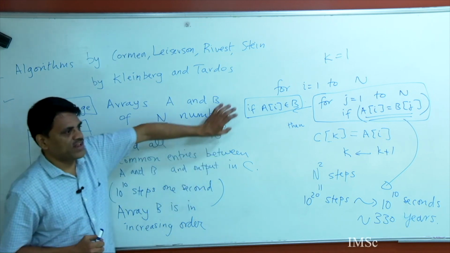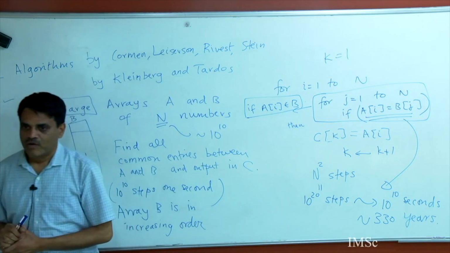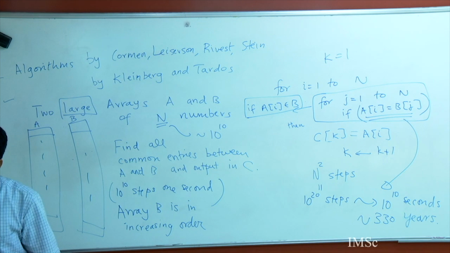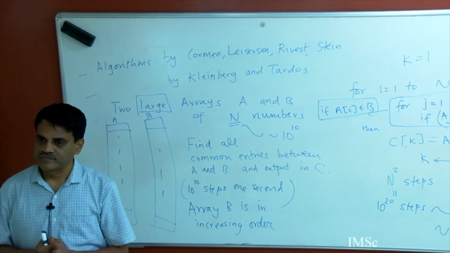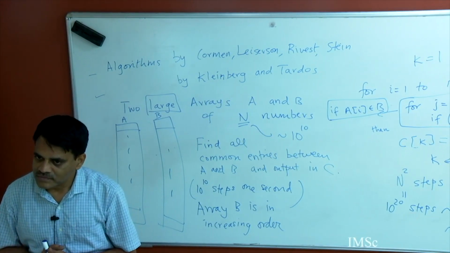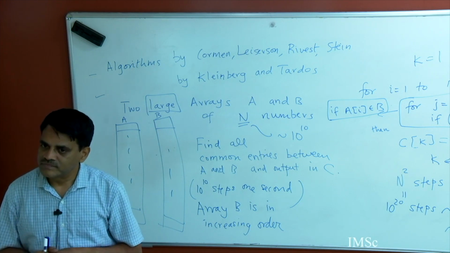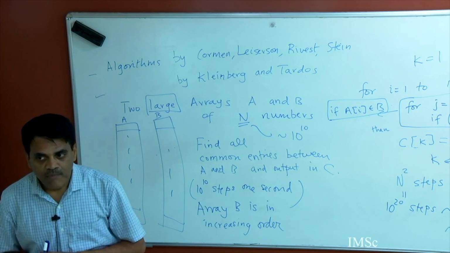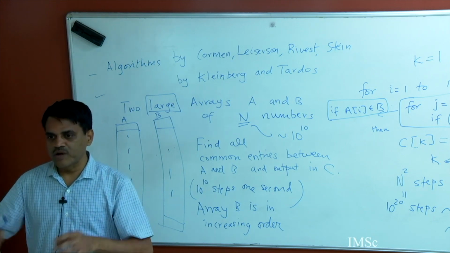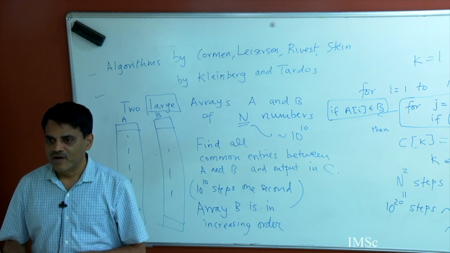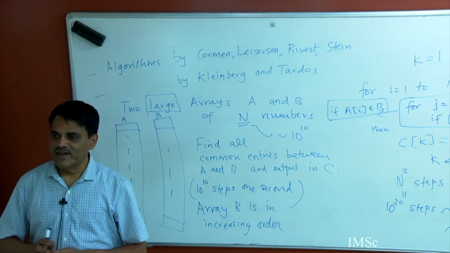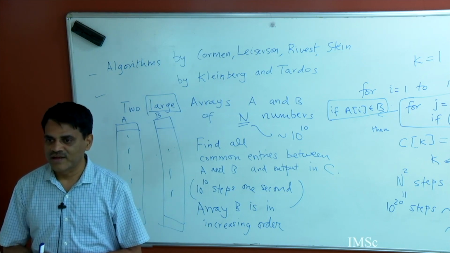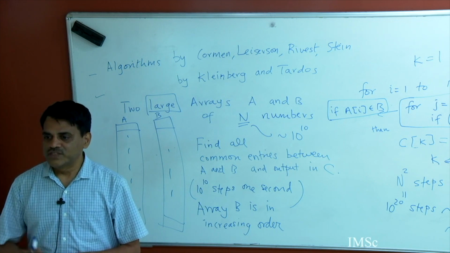I want to know whether A_i is in B. How? What do you do? Binary search. Does everyone know what binary search is? Can I have a show of hands of people who don't know binary search? Okay, good. So let's go through that.